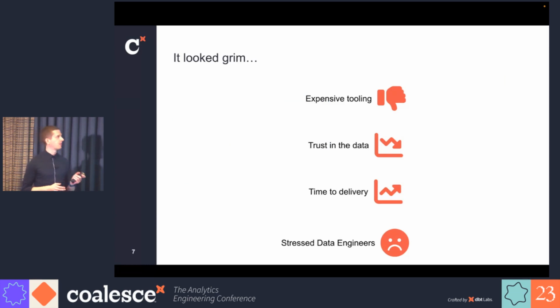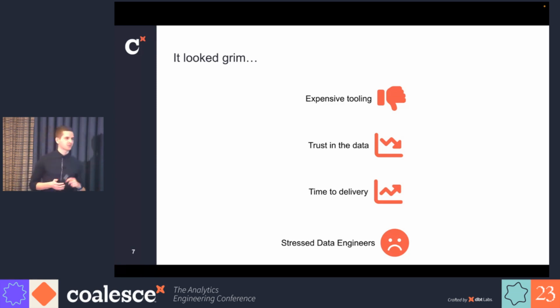So just to recap everything here. The way we started is that we had expensive tooling that we didn't really use to its full capabilities. Trust in the data was going down because we didn't really have proper testing, and we had frequent issues in the pipeline. Time to delivery coincidentally was going up because we were just fighting issues in the pipeline all the time.